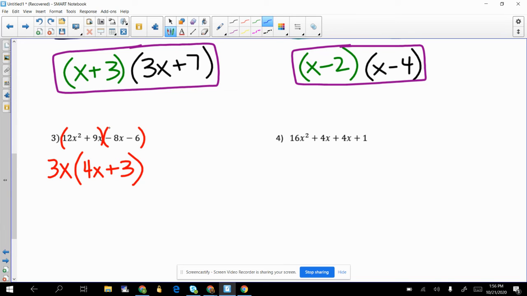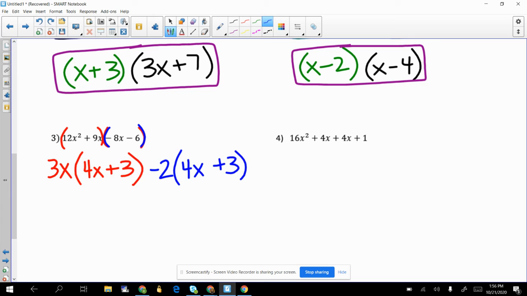Okay. Then in our second group here, we have negative 8x minus 6. So again, be careful with your signs. 8 and 6, and they're both negative. So let's take out a negative 2. That's going to leave us with negative 8x divided by negative 2, which is 4x, and negative 6 divided by a negative 2 is a positive 3.